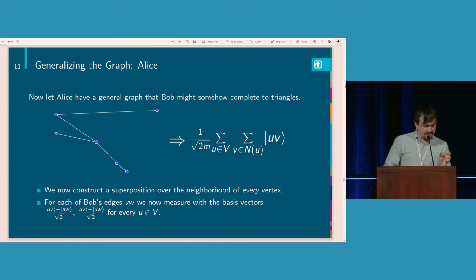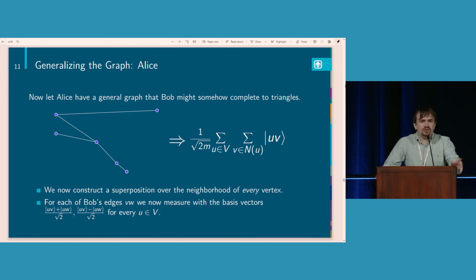If he has this edge VW, then for every vertex u that can possibly be in the graph, he's going to add uv plus uw and uv minus uw. And this is still going to be an orthonormal basis, and when he does this measurement, he's essentially going to get the same effect he had in the previous case, except for every neighborhood, and so he'll still get an estimator that is proportional to t.